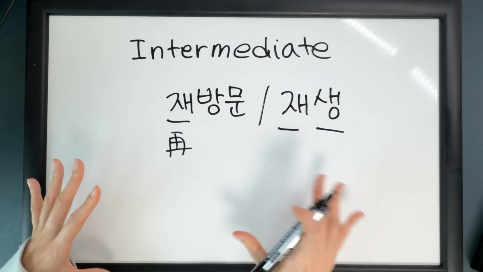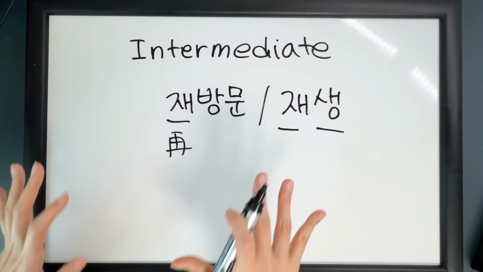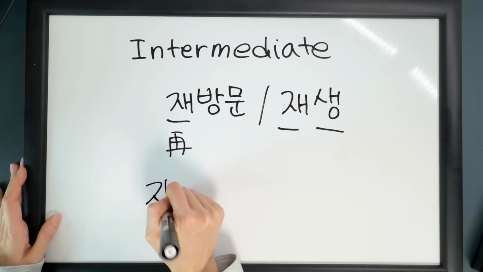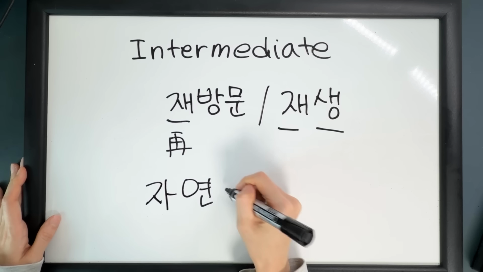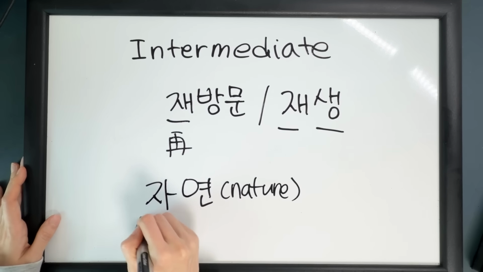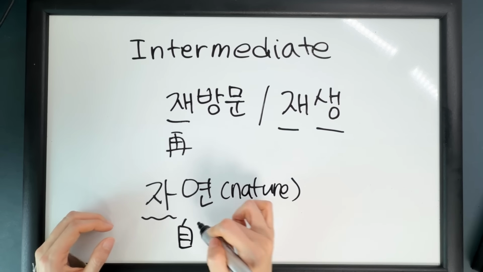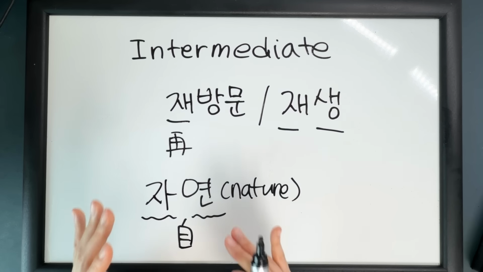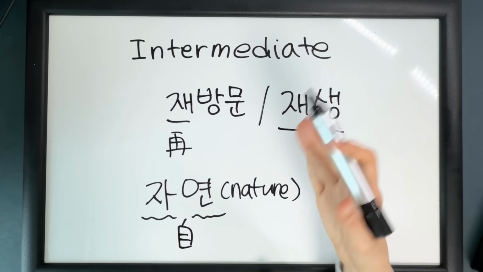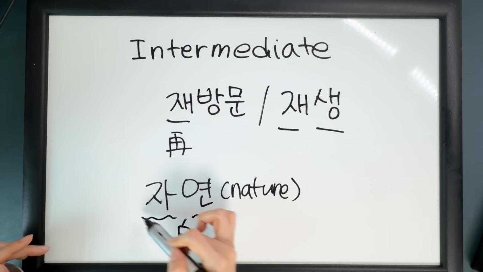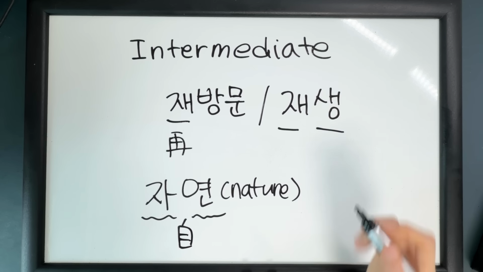And it also becomes easier to tell apart similar looking words. For example, 자연 means nature. This 자 comes from this Hanja, which means oneself, and 연 comes from Hanja that means to be like that way. So it means it's like that in and of itself. So that's nature.